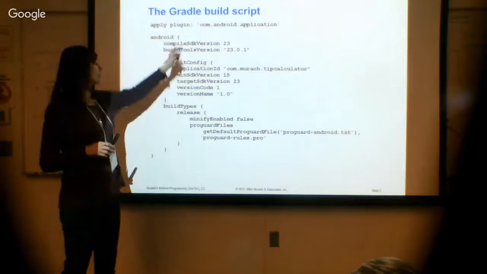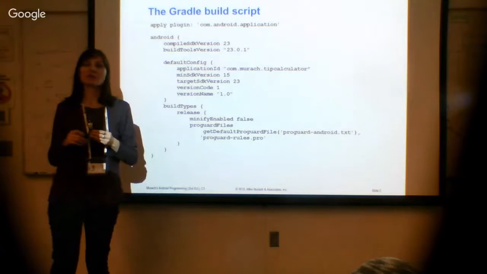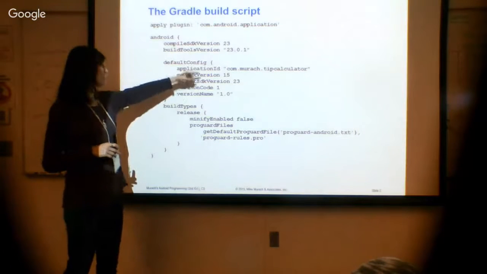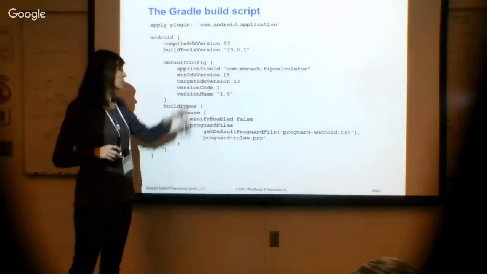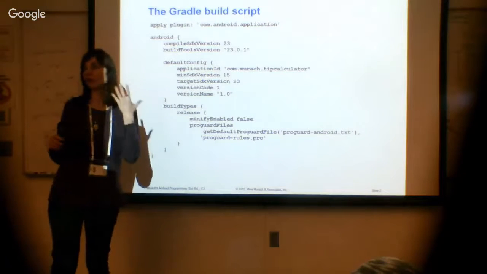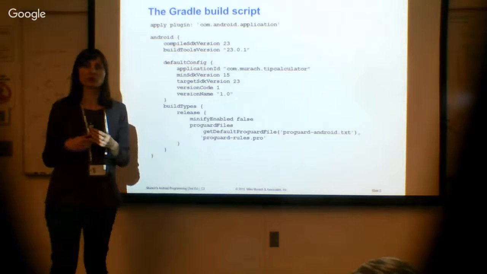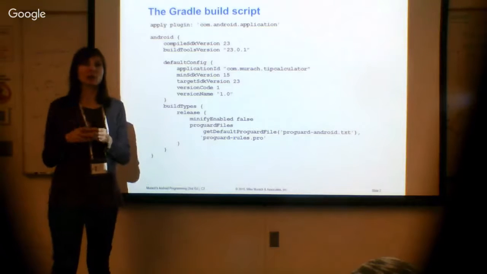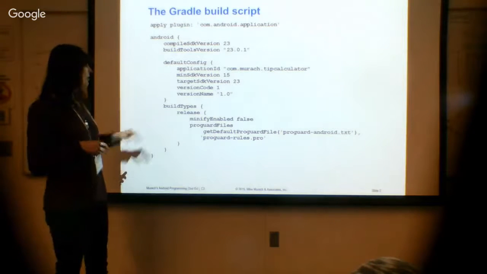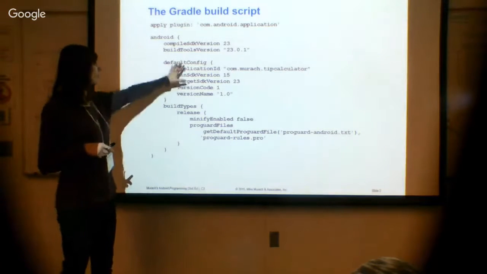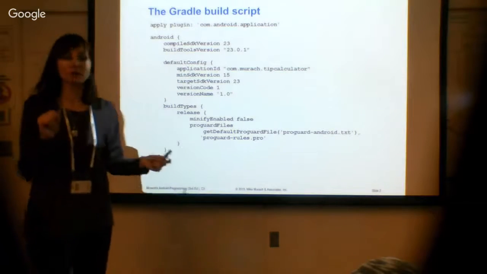If you're compiling against this version, you might need to figure out what your users with minimum SDK version 15 will do, and you're going to get some warnings that you need to figure out how to handle. You may need to add some custom code. But this is the default config, and it gets generated for you from Android Studio.